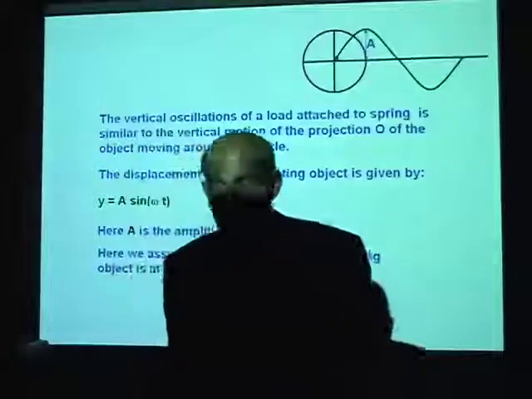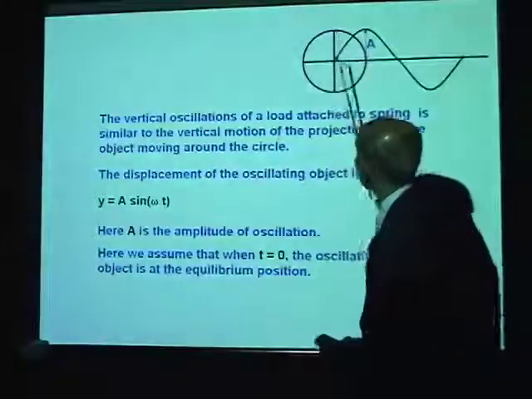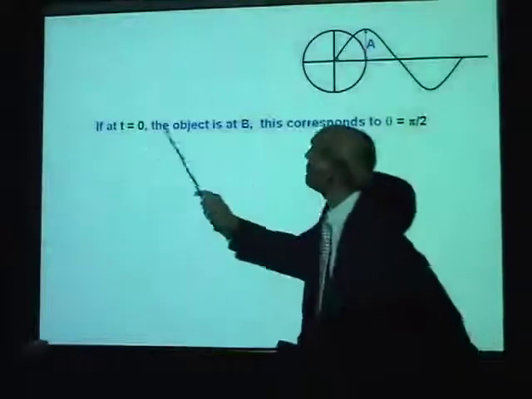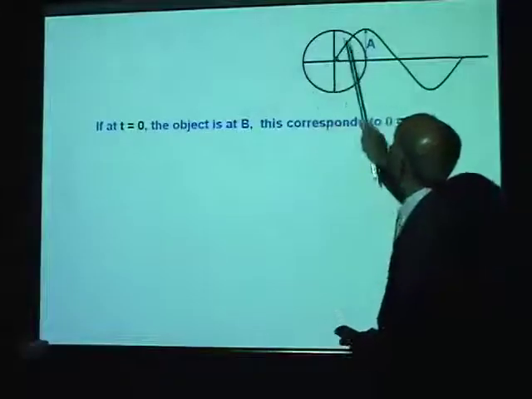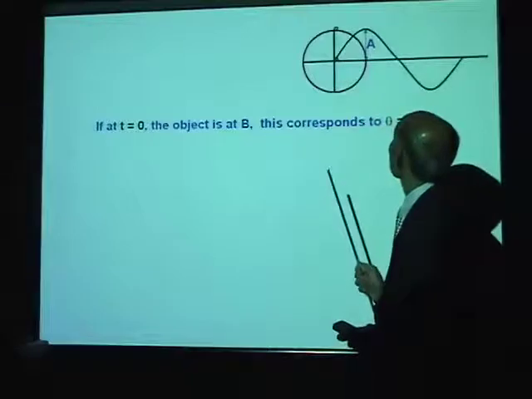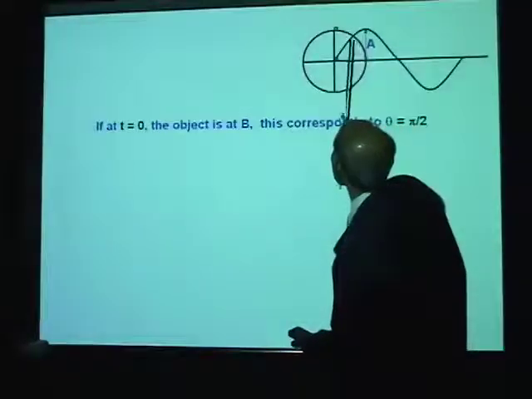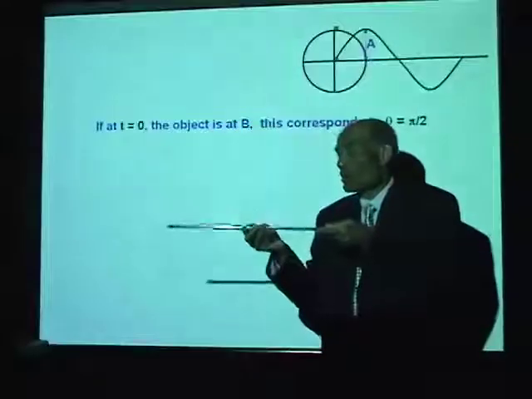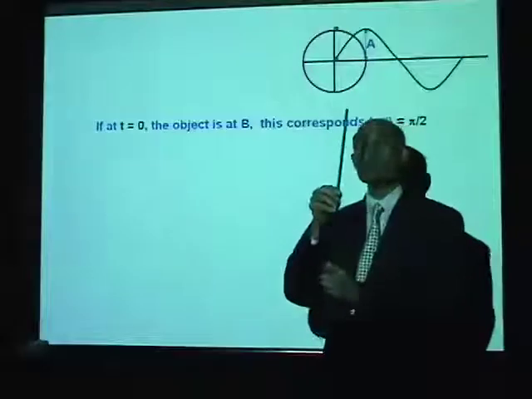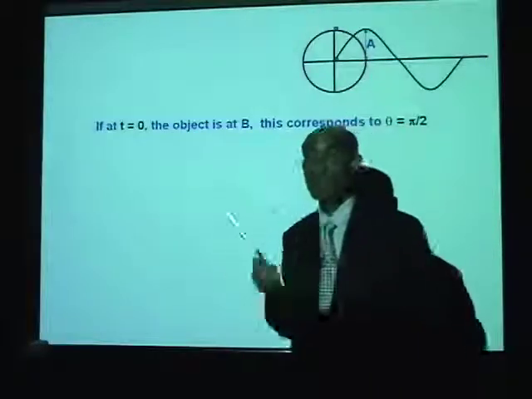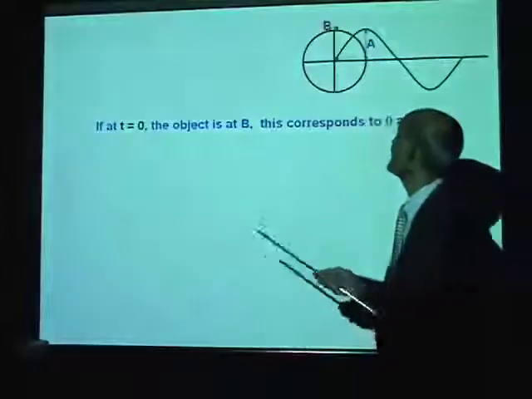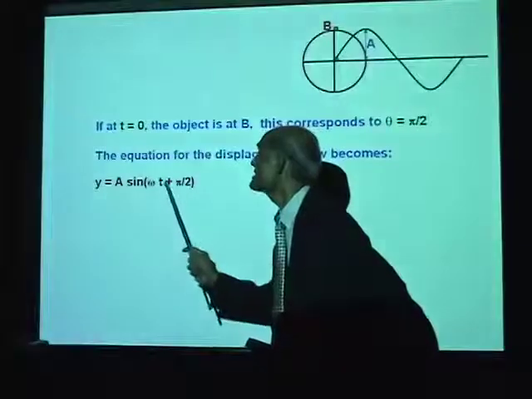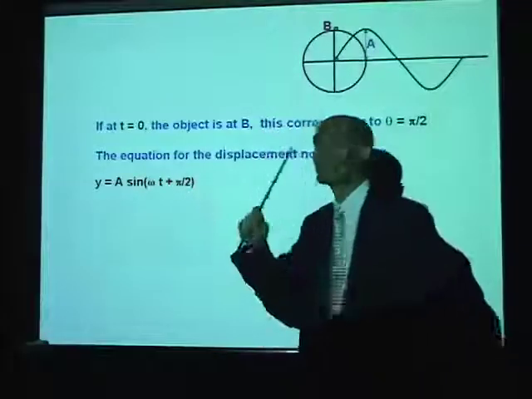Suppose we say when we started our clock, the object was at the upper position. All right. Now, if at t equal to 0, the object is at B, that is here, that means the position corresponds to theta equal to pi by 2. That means when we started the clock, the angle has already become pi by 2. And therefore, how will you represent the function now? The equation now becomes y equal to a sine omega t plus pi by 2.